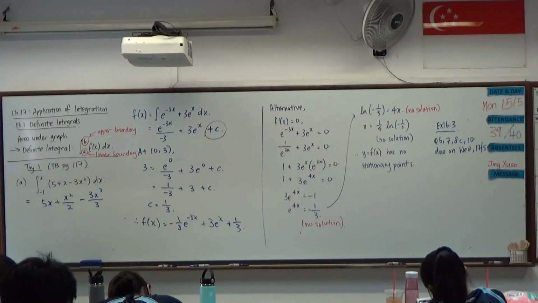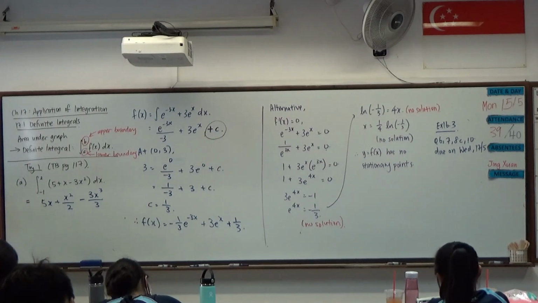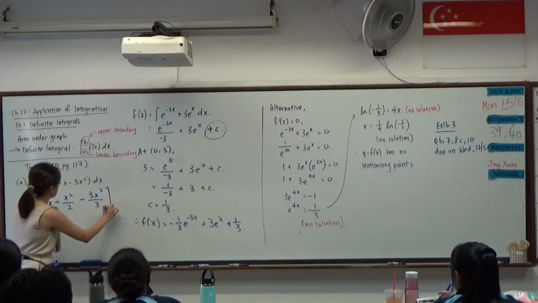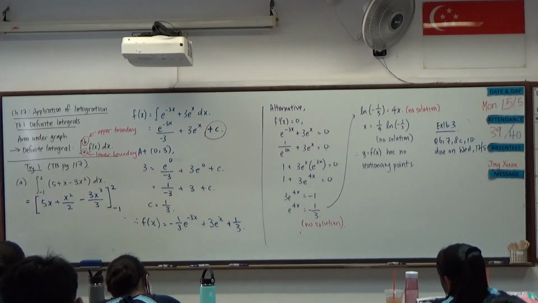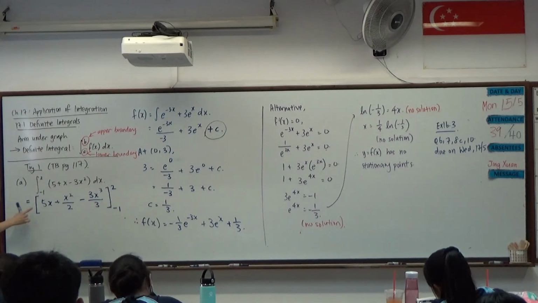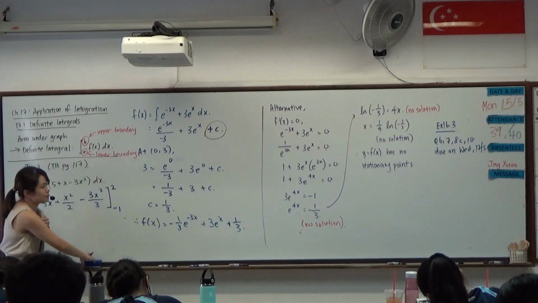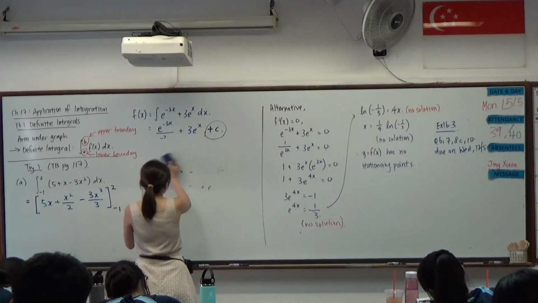In an indefinite integral, we always have to do a plus c, but since we're given these bounds, we don't need to put a plus c. However, we will put our square brackets and put in the bounds. It must be square brackets, cannot be round brackets. It's just the convention that we use in mathematics.